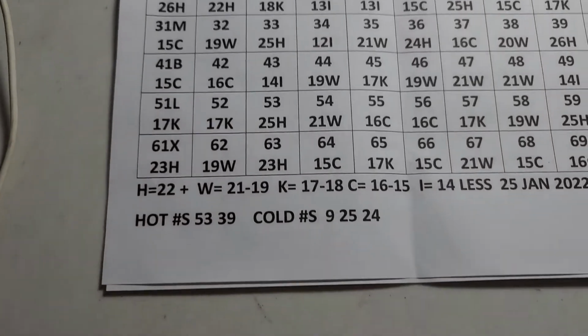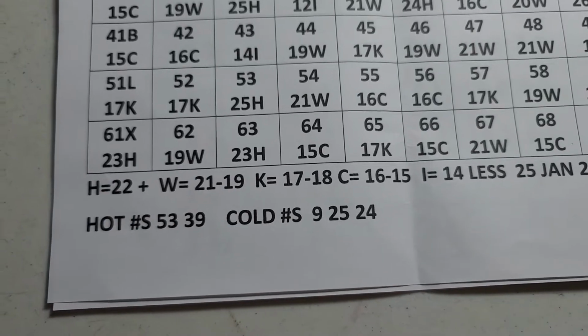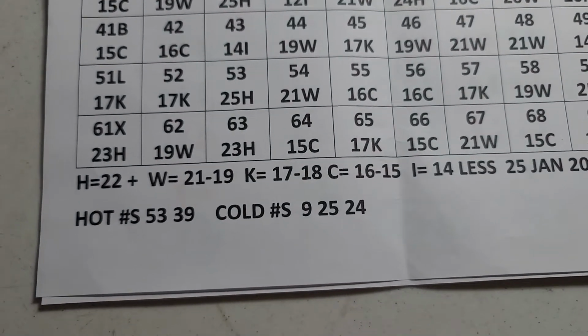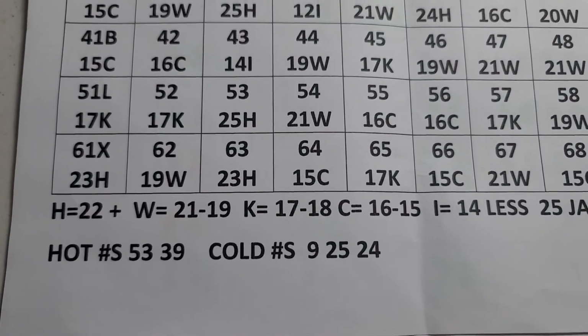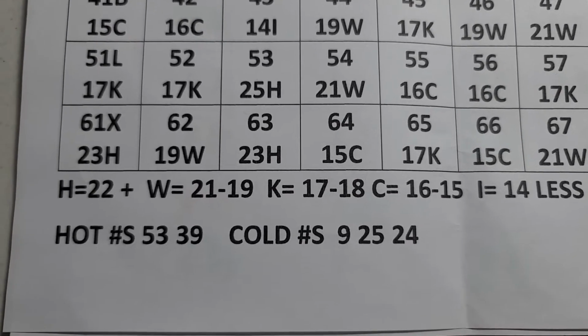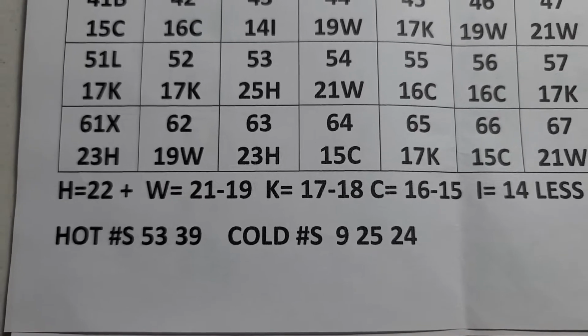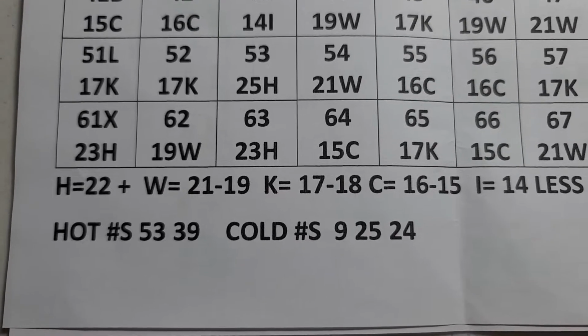Here's what these letters mean. Hot numbers, or H numbers, are numbers that repeated 22 or more times. The W numbers are warm numbers that repeated between 21 and 19 times.